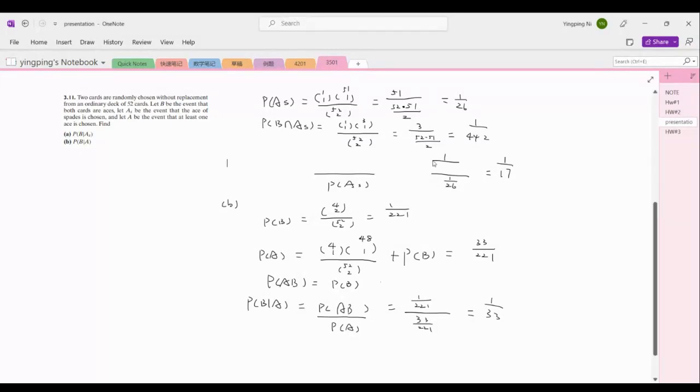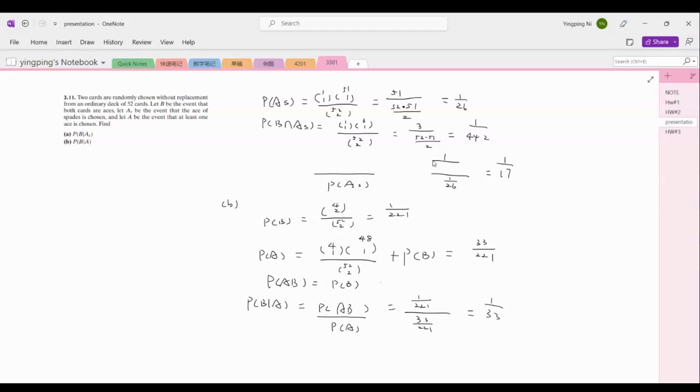Yeah. My question is in chapter 3, number 11: two cards are randomly chosen without replacement from an ordinary deck of 52 cards. Let B be the event that both cards are aces. Let AS be the event that the ace of spades is chosen, and let A be the event that at least one ace is chosen.